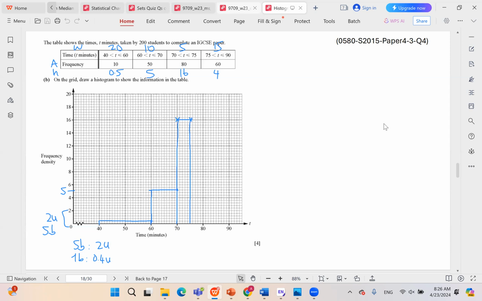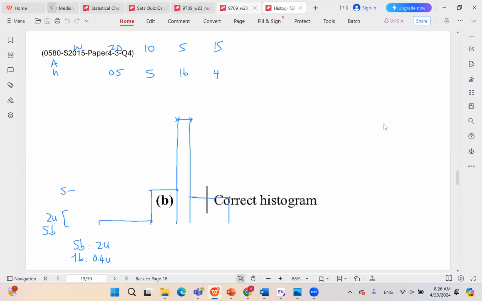So we have this box here, and we're done. Unfortunately, the marking scheme here does not really provide the answer. It just says correct histogram, but judging by the previous questions, we seem to be on the right track here. This is how you would do it.